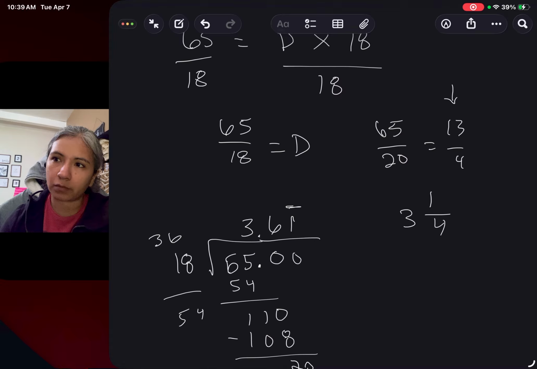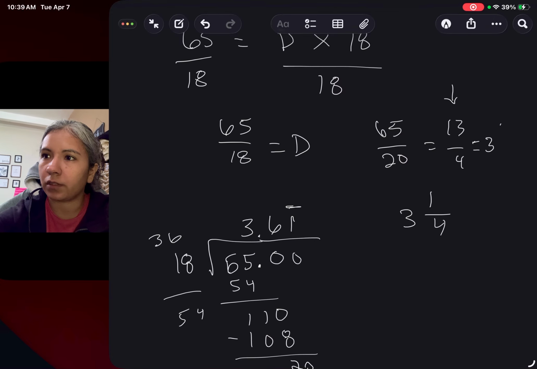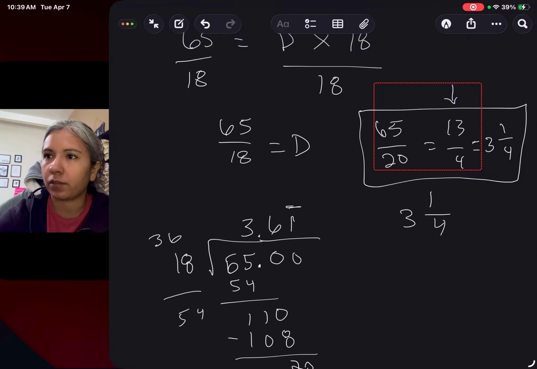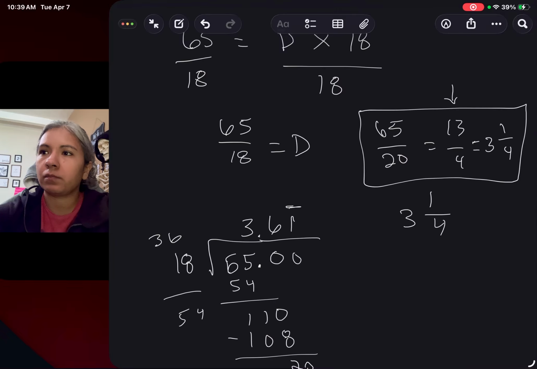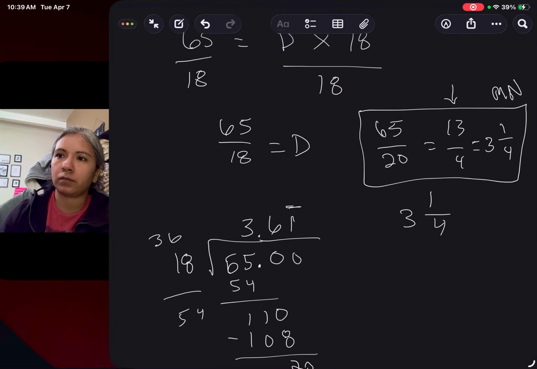So our mixed number answer, so these are all equal, right? 3 and 1/4. This would just be reducing. This is our mixed number. If we had it over something that would reduce.